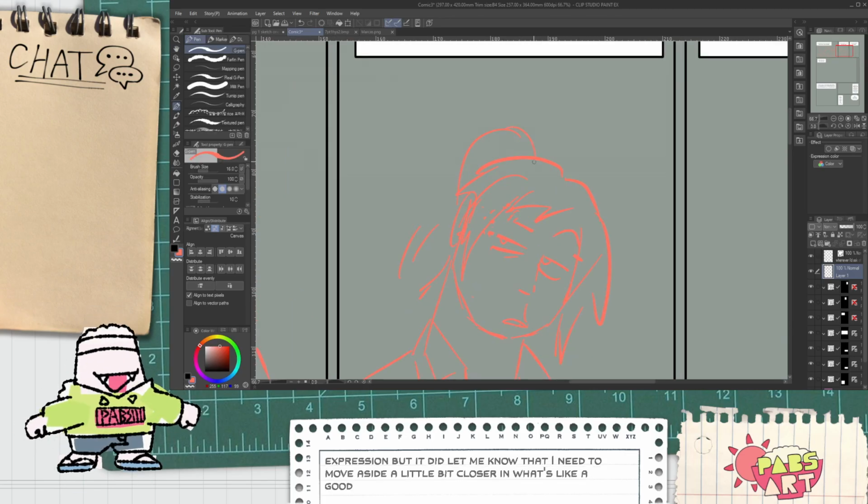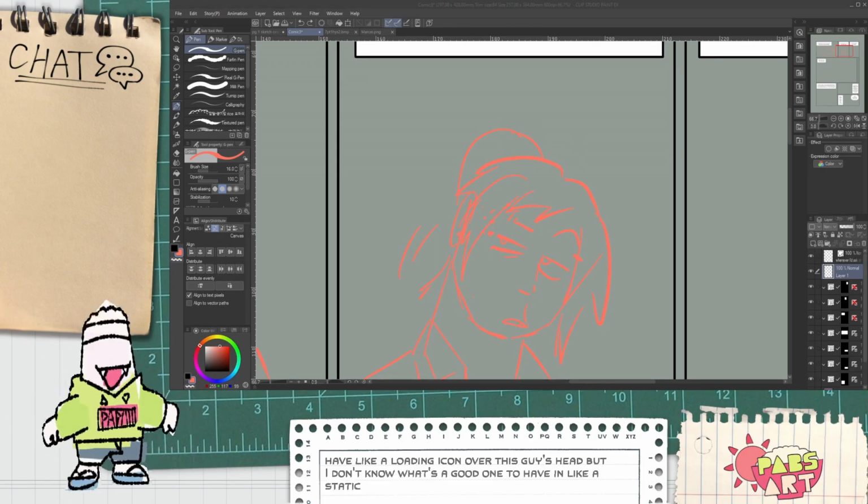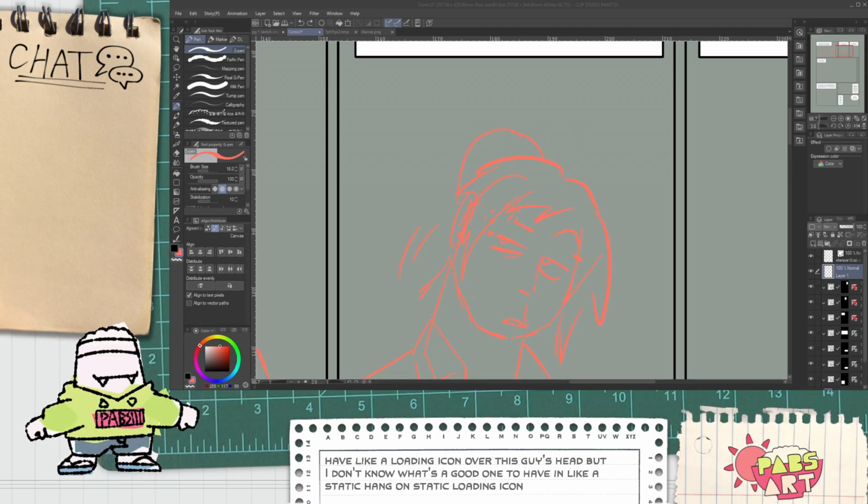What's a good... I don't know, I kind of want to have a loading icon over this guy's head, but I don't know what's a good one to have in a static... Hang on, static loading icon. Ah, screw it.